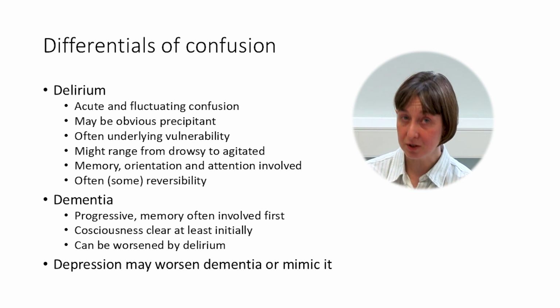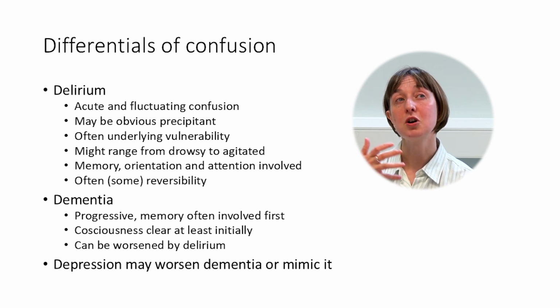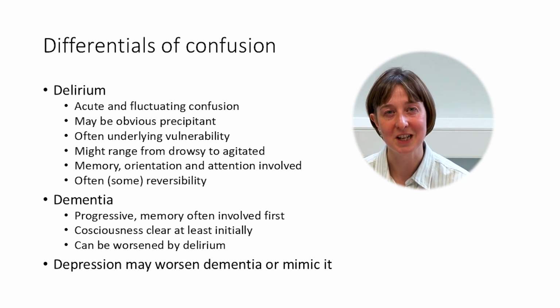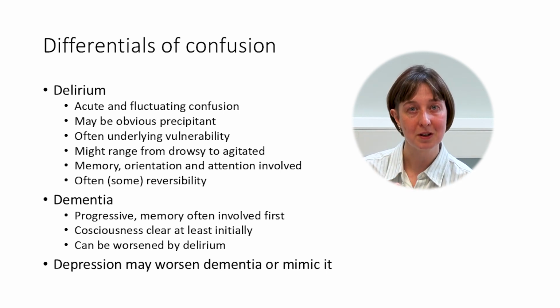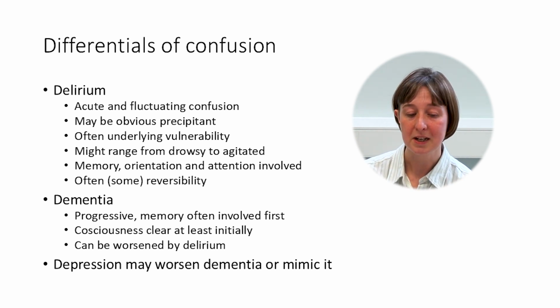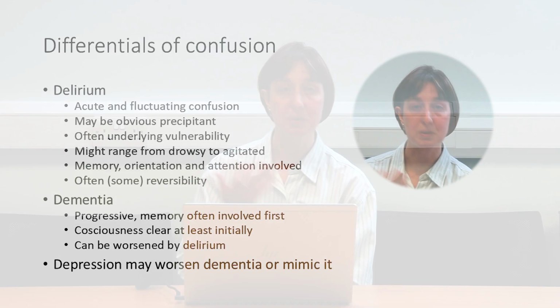This can be worsened by delirium, and you may realise that somebody has an underlying dementia for the first time if they have a delirium that brings them into hospital. Now, depression is often cited as something that can mimic delirium or mimic dementia, but it certainly can worsen it. We call this pseudo-dementia, so it's important to screen for.